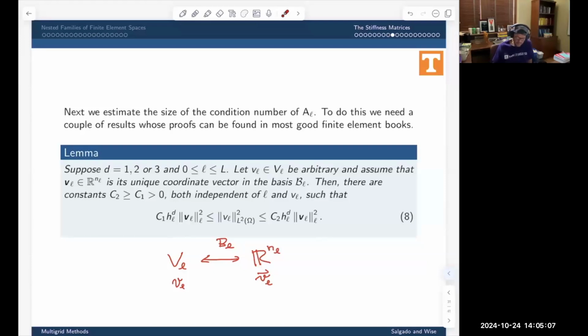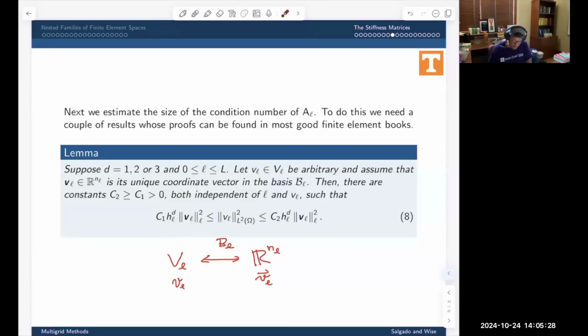So I'm not going to prove this. Again, this scaling here shows where the level dependence and the dimension dependence comes in. And I'm only going to ask that you prove this in a homework for the case where D is equal to 1.